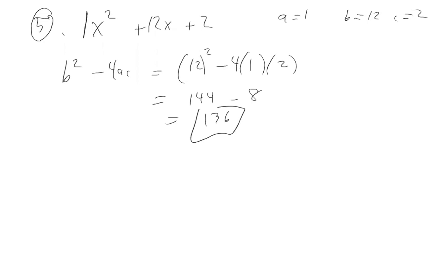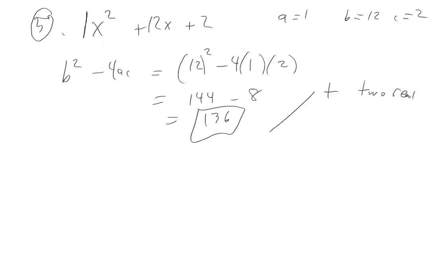So that's the answer to the first part of the problem. Now remember, if the discriminant is positive, then that means there's 2 real solutions. Now the question is, though, can we do the square root of that number or not?